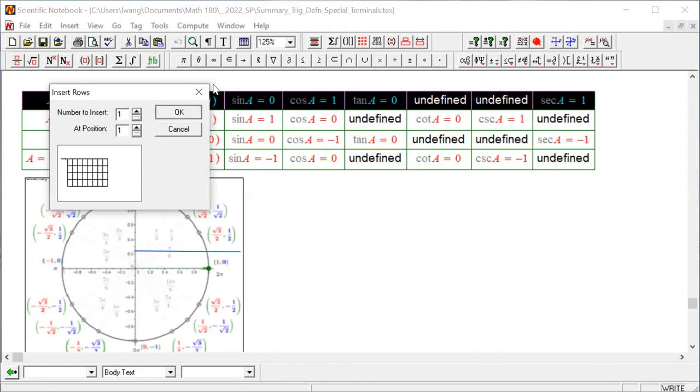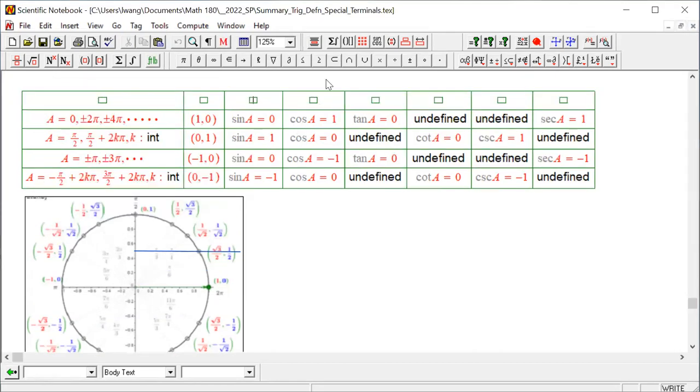So insert a row there. Okay, so this is sine, and this is cosine, and this is tangent, and this is cotangent, and this is cosecant and secant. Because in the undefined case, you don't know what is undefined.